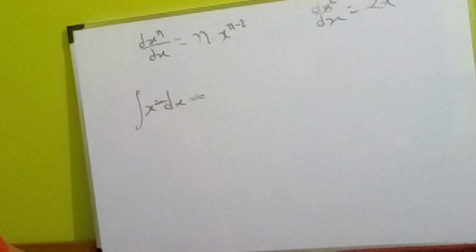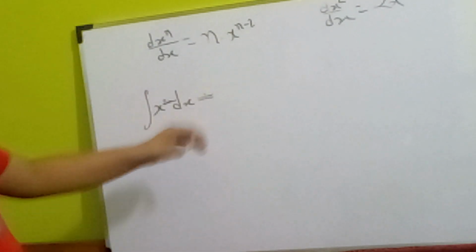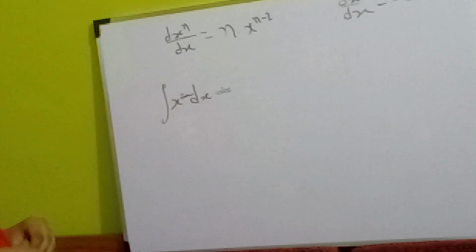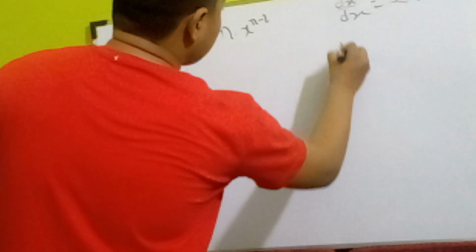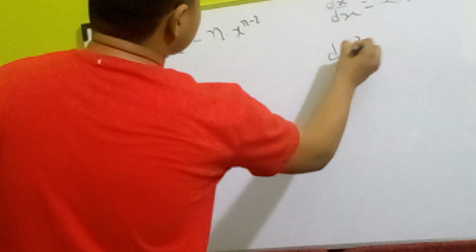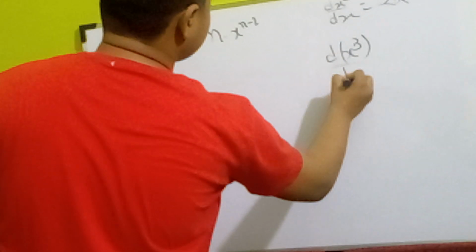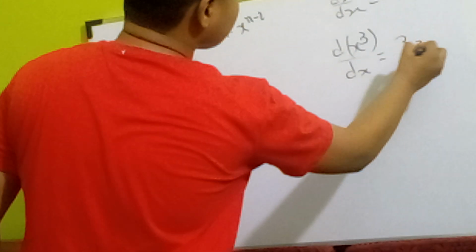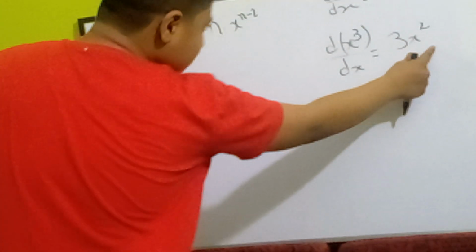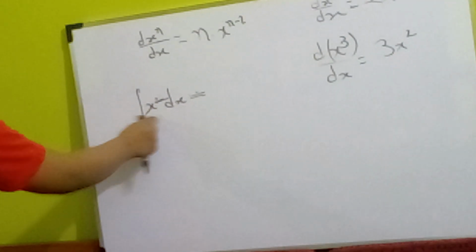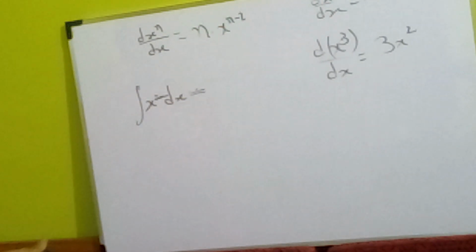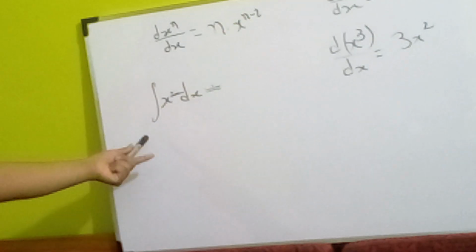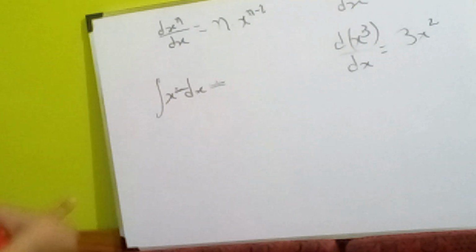If we find that function, that will be our integral. Let's get back to the previous thing. The derivative of x cubed with respect to x is 3x squared. Look, here's an x squared term. Here's also another x squared term. But here's a 3. But I don't see any 3 here. What can we do now?